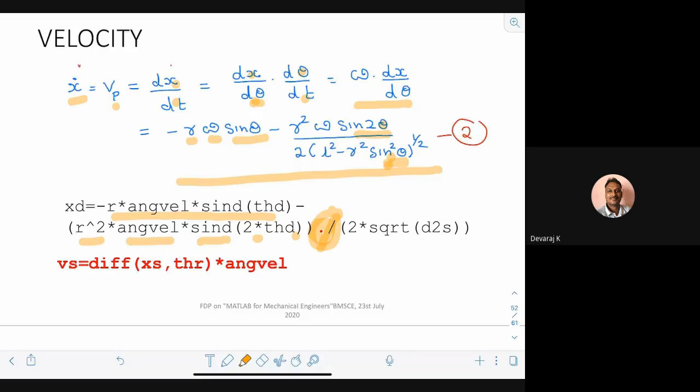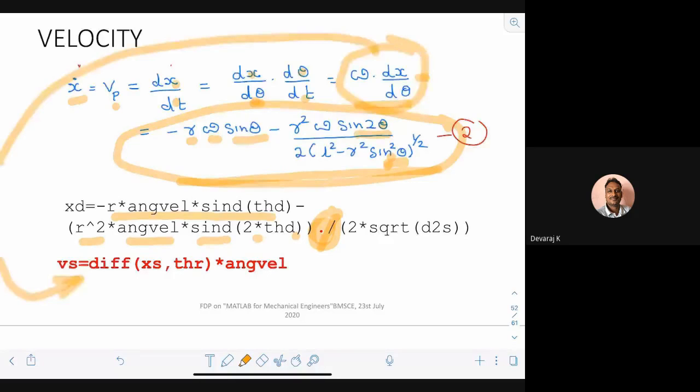But if I go to symbolic mathematics, there is no need for me to write this equation at all. I can directly take it as omega into diff of x with respect to theta. So just observe this equation. I'm just trying to correct this here. Vs is equal to diff of xs. I call this in program x of slider.